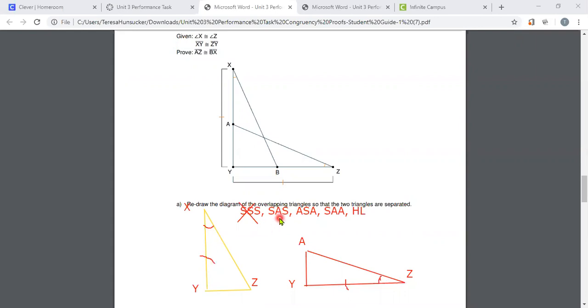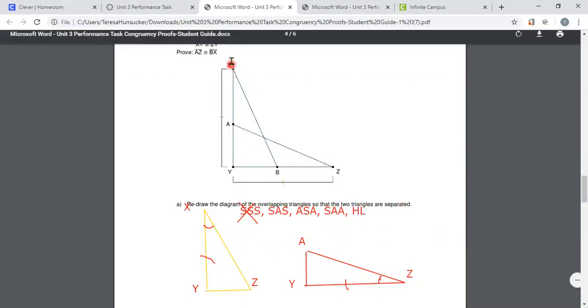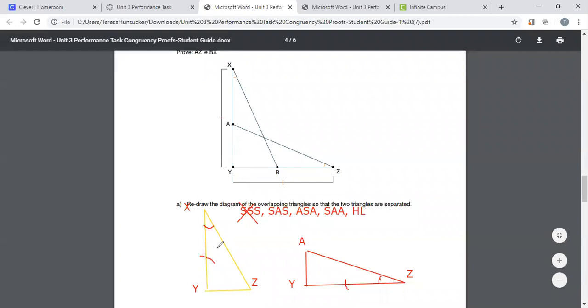The angle A is included. See how the A is between the two sides. So if we want the angle X to be the shared angle of two sides, well, we already know XY. What other side has to be marked congruent so these two triangles are congruent?